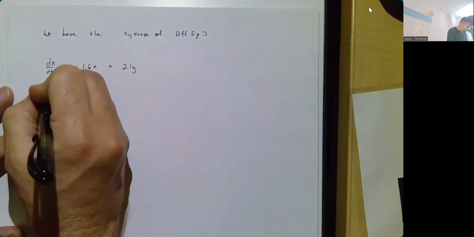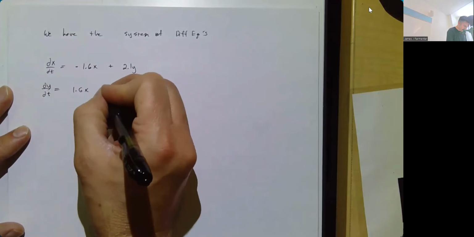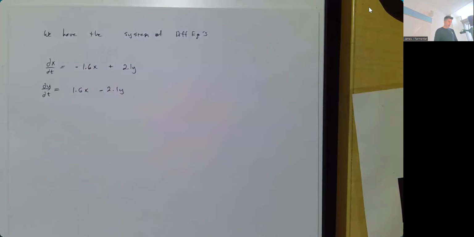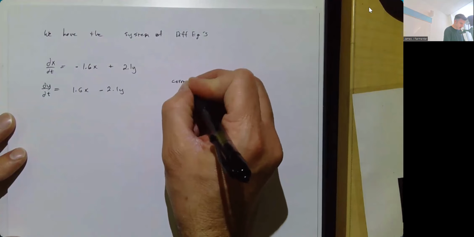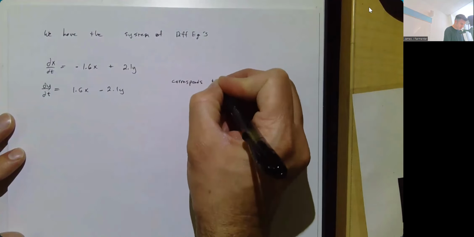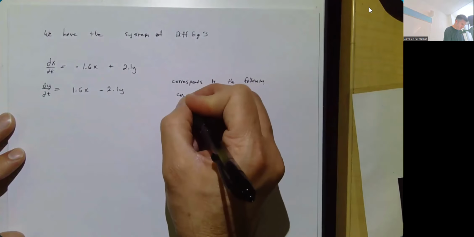And dy/dt is literally the opposite of that. It's equal to positive 1.6 x minus 2.1 y. And we're told that this system of differential equations corresponds to the following compartment diagram.